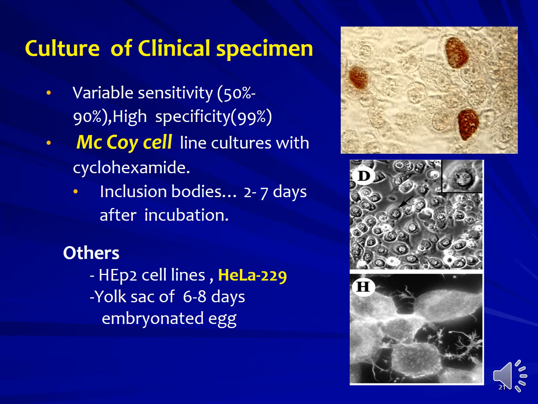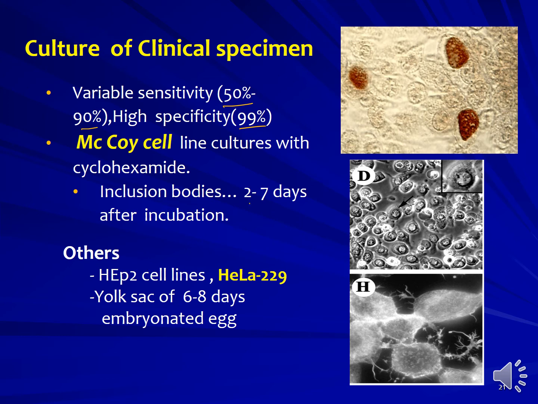Culture of the clinical specimens: the sensitivity is variable, 50 to 90%, and it has high specificity. If the culture is positive, definitely we can say. If the culture is negative, we can't say that the person is not suffering with the disease. So cell line cultures are used, such as McCoy cell line cultures with cycloheximide as a selective agent.